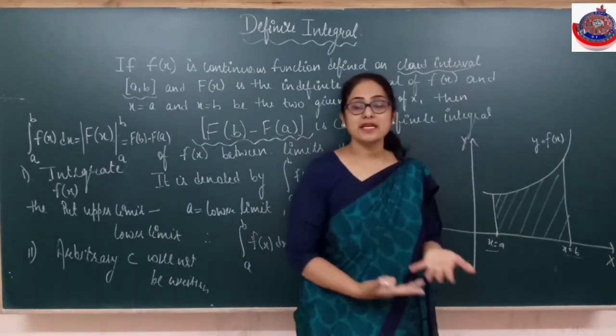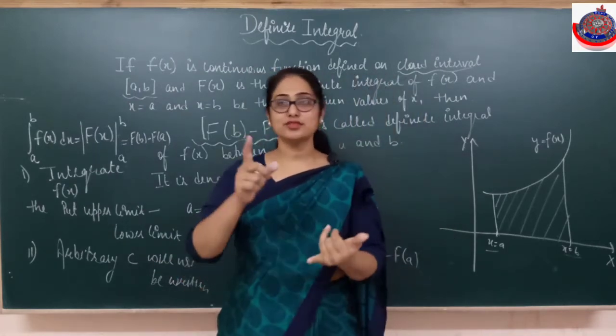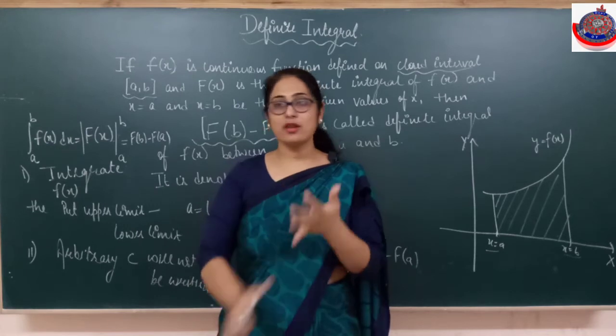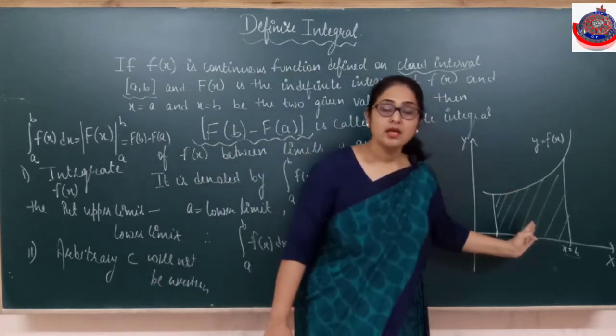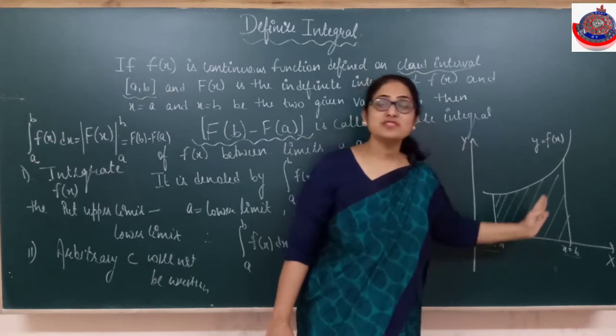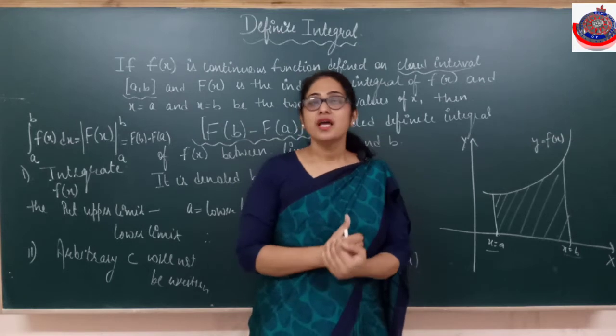You have done area in your junior classes of triangle, circle, square, parallelogram. You know those areas, but I don't know the area of this shape. So when you have to find the area of such kinds of curves, then this definite integration comes into the picture.